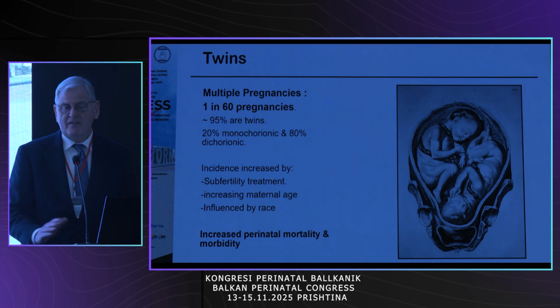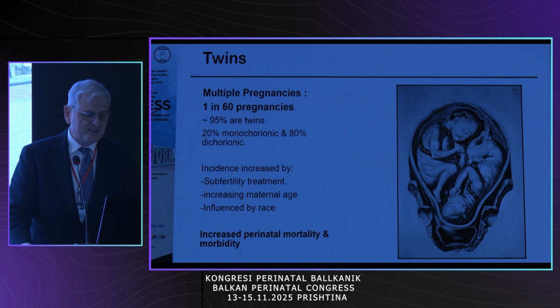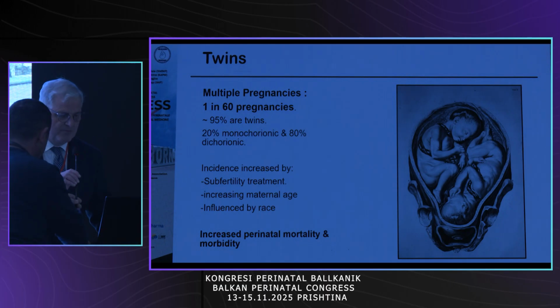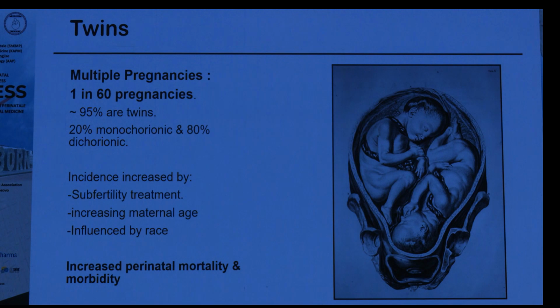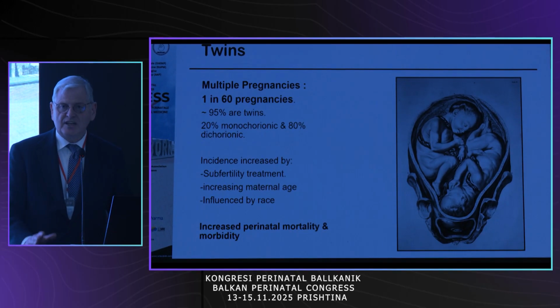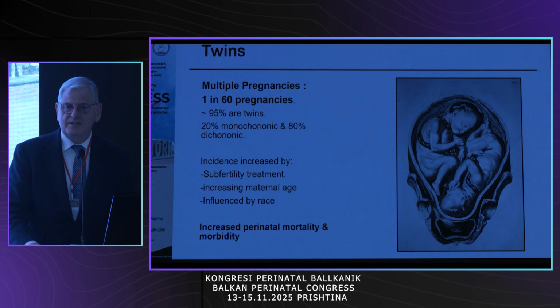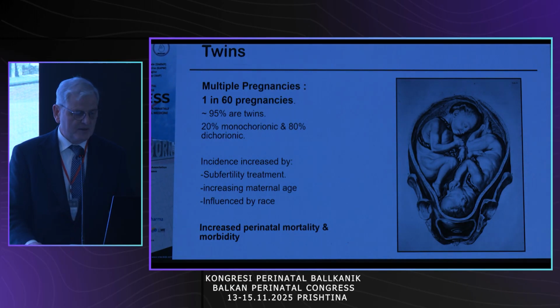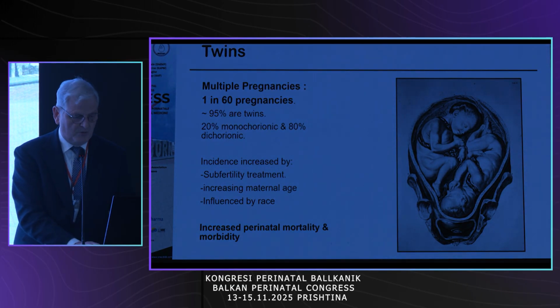And certainly, variably around the world, the prevalence and incidence of twinning and higher order multiple births has increased due both to subfertility, use of subfertility treatment, to the deferring of reproductive activity, in other words, mothers putting off a pregnancy until a higher maternal age, which increases twinning, and changes in race and ethnicity throughout the world. Different groups have different rates of twinning, and these overall seem to have increased twinning rates around the world.